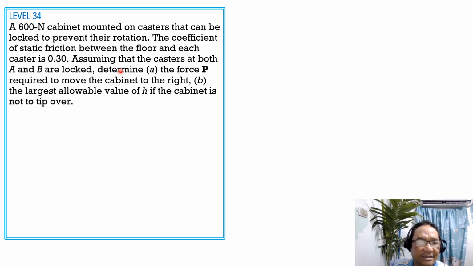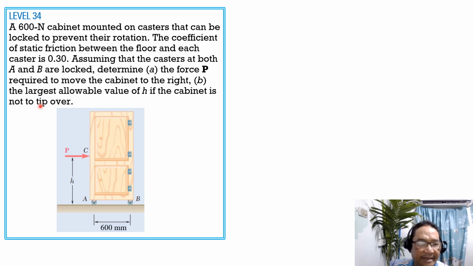Assuming that the casters at both A and B are locked, determine part A, the force P required to move the cabinet to the right, and letter B, the largest allowable value of H if the cabinet is not to tip over.